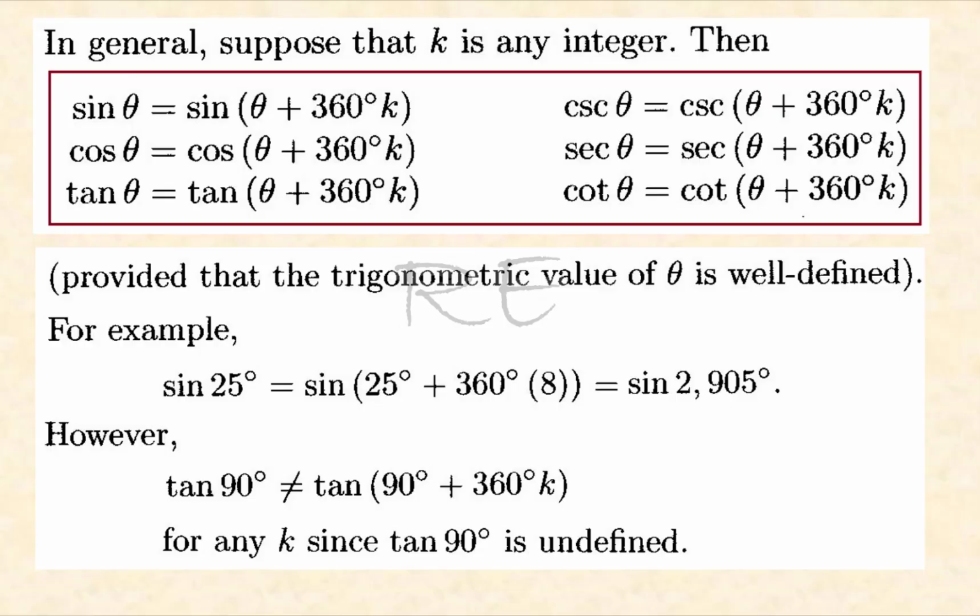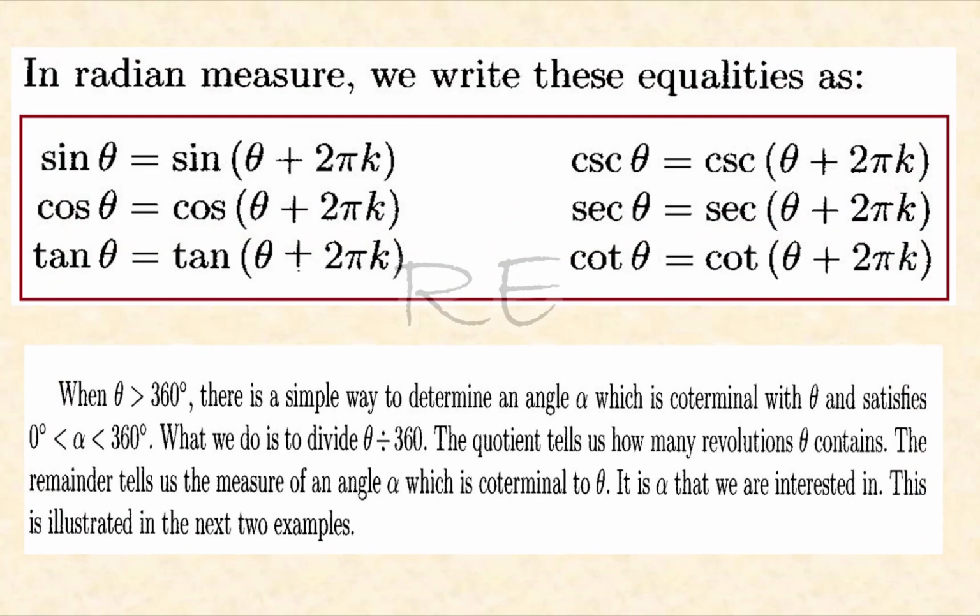In general, if k is an integer, sine theta and sine of theta plus 360k are coterminal angles, so the ratios have the same value. This will be true only if the trigonometric value is well defined.